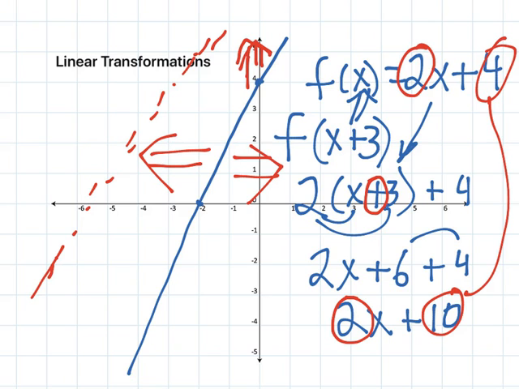Even though it does change the y-intercept, what it's really doing is moving to the left or to the right. So I moved 3 places to the left by going plus 3 right here. So 1, 2, 3. So that line should have gone through there, and it goes up to y equals 10.